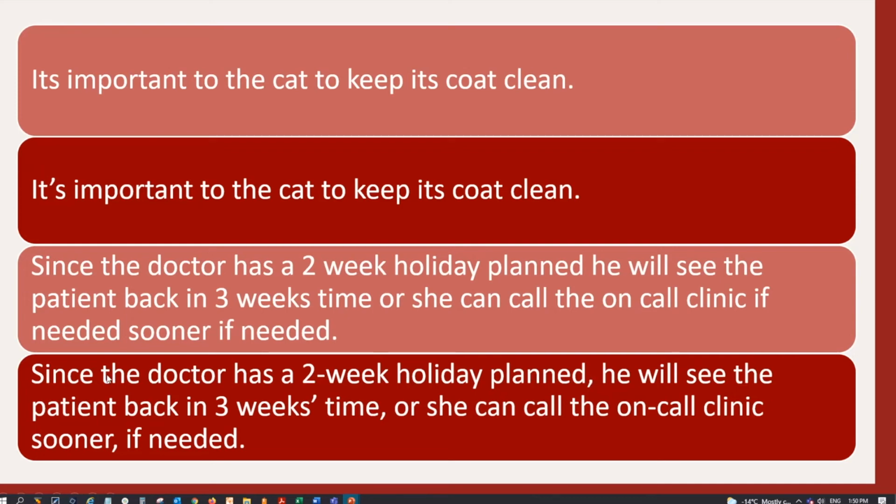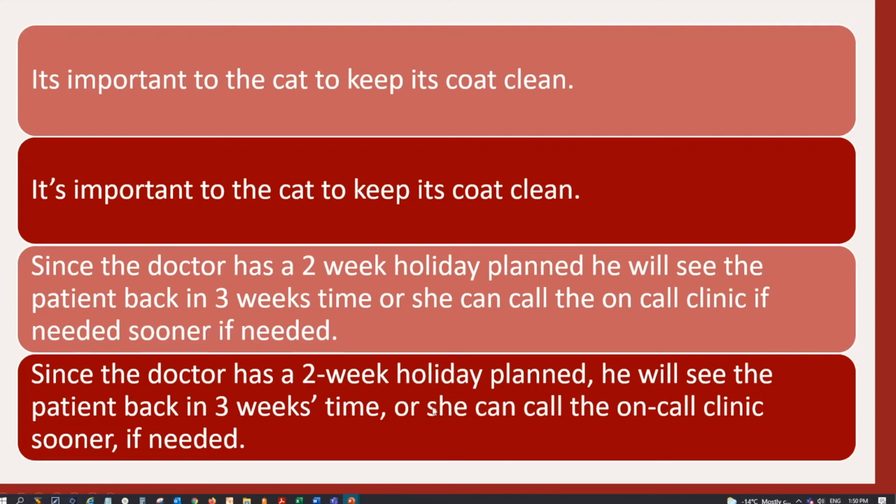Here is our introductory element, but also that conditional element as well. He will see the patient back in 3 weeks' time is your basic independent clause or your complete sentence. 3 weeks' time is that inanimate possessive we were talking about when it's talking about time in this case. So 3 weeks' time, it's more than 1 week, so that apostrophe goes after the S.